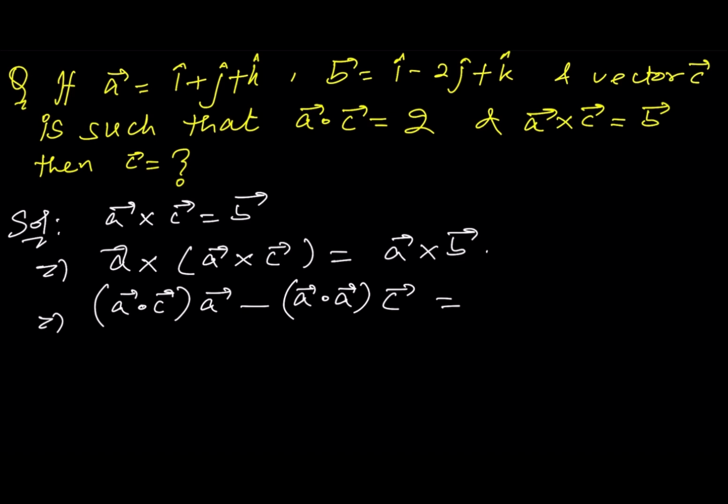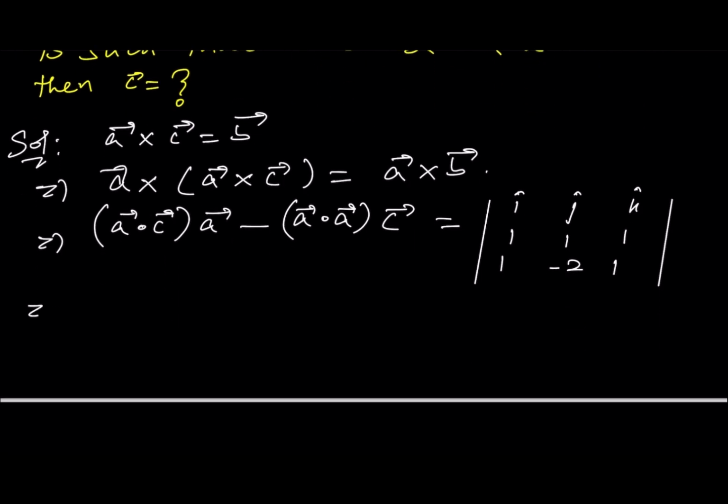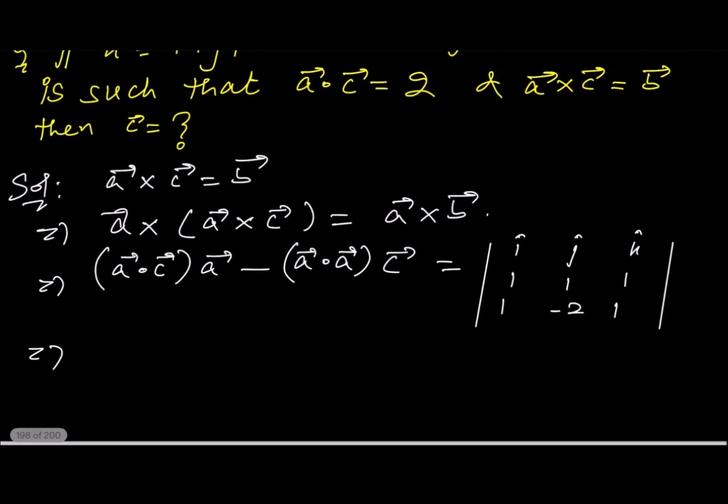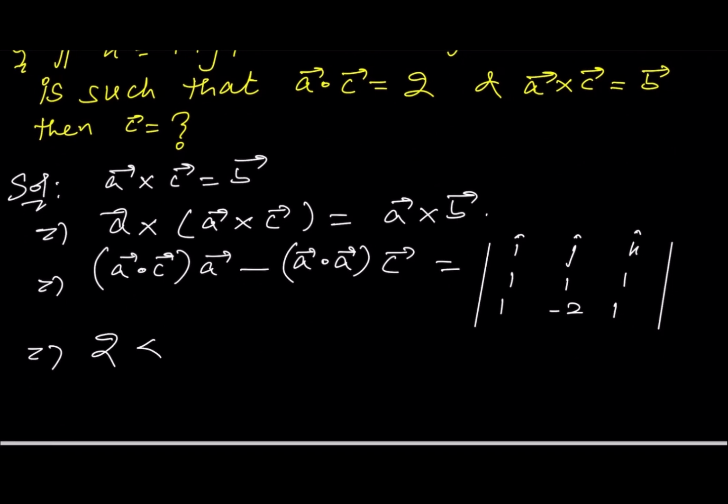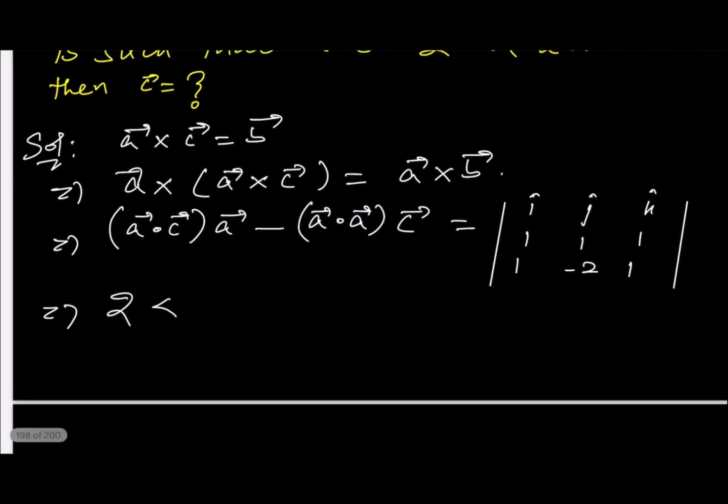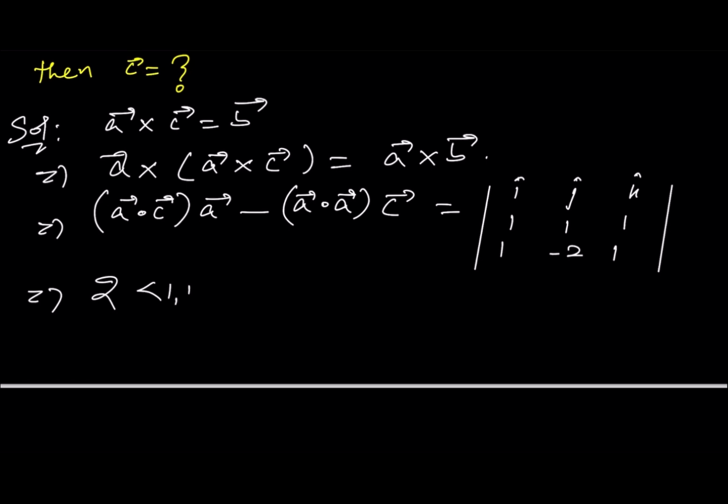And a cross b is the determinant of i, j, k; 1, 1, 1; 1, minus 2, 1, right? A dot c is nothing but 2, so 2 times vector a, and vector a is i plus j plus k, minus a dot a.